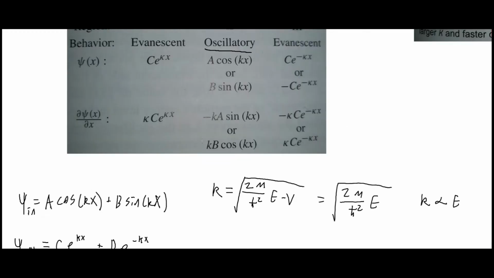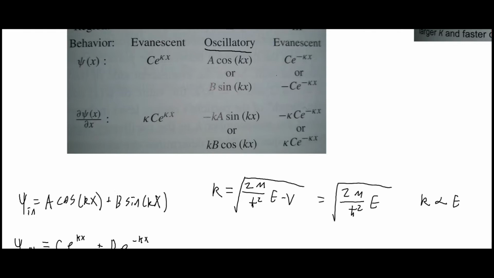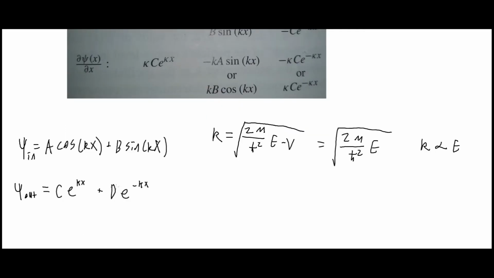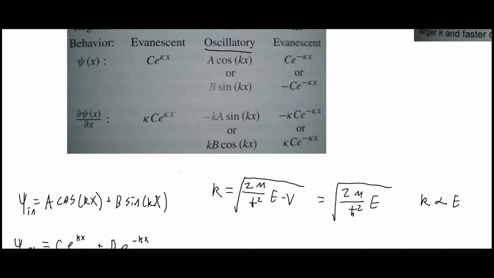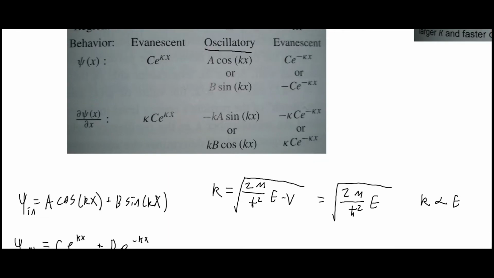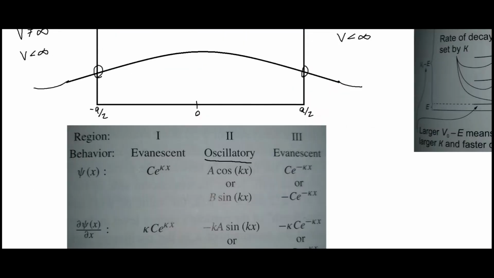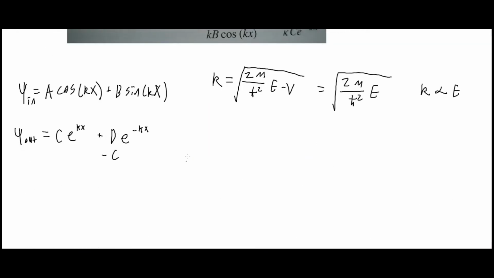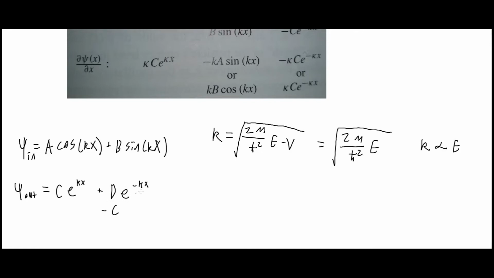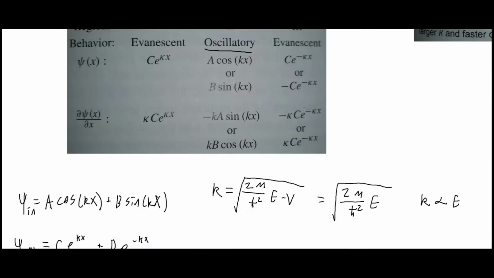And then we have D. In the book, I think it goes through a little bit of math to get it so that D is just equal to minus C, and so that's why up here it has this. But anyway, the idea is that on the right side, with the positive kappa, we need this to be 0, and on the left side we have minus C with the minus kappa, and so that goes to 0 on the right side.